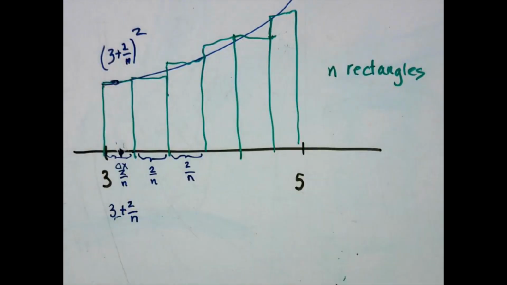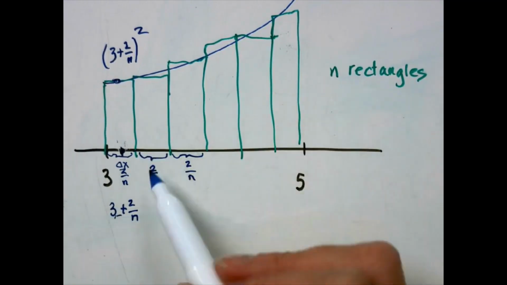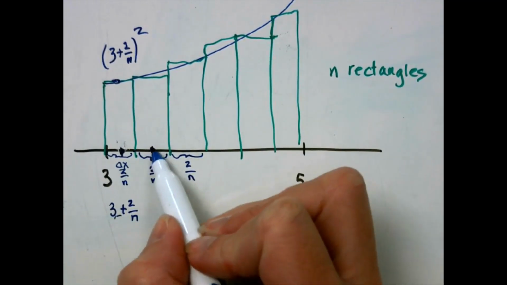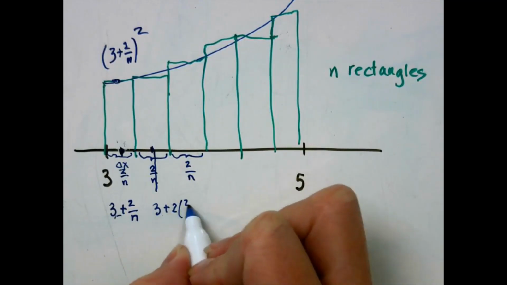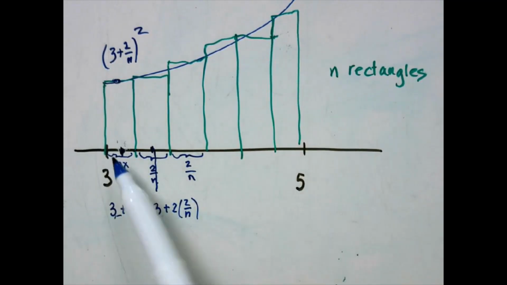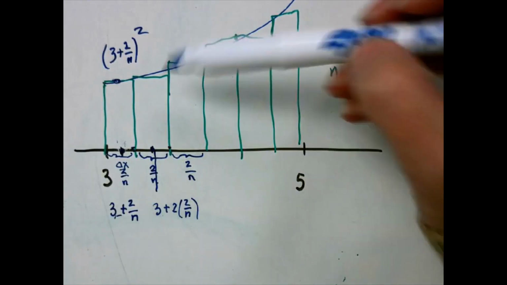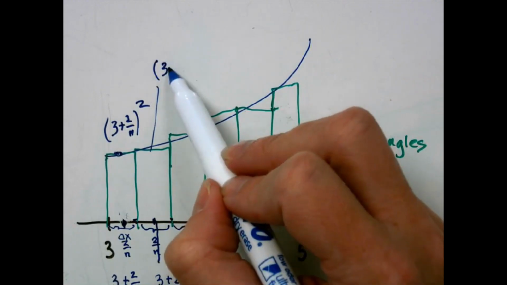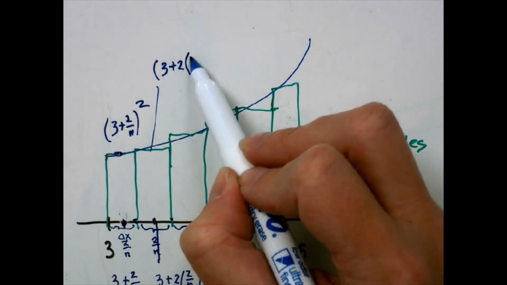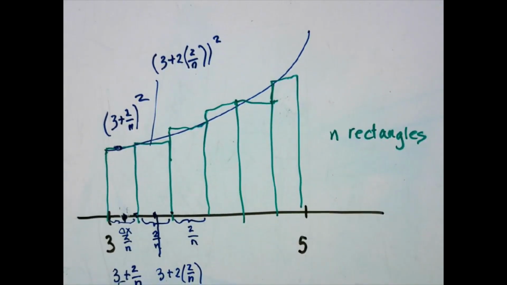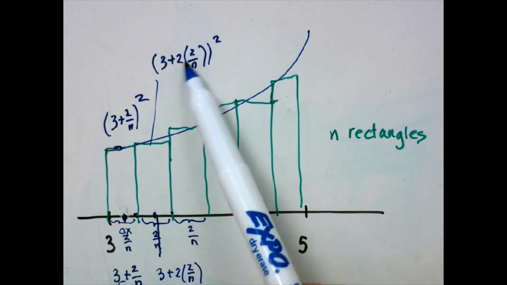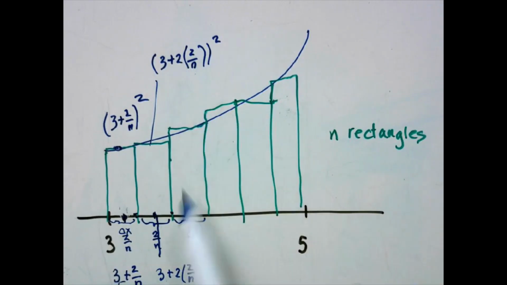Okay, my next one. My x value is going to be 3 plus 2 over n's, because we've got 1 here and 1 here. So this height is going to be (3 + 2·2/n) squared, and so on. So what's going to happen is we're going to continue to add on an additional 2 over n as we go. Okay, so let's put this in the sigma notation.